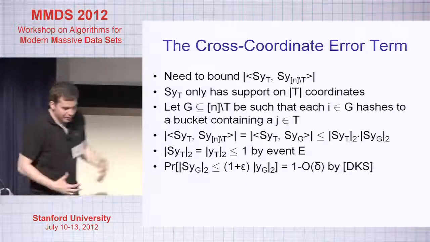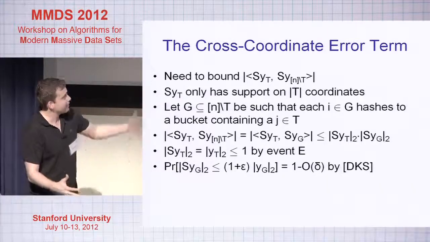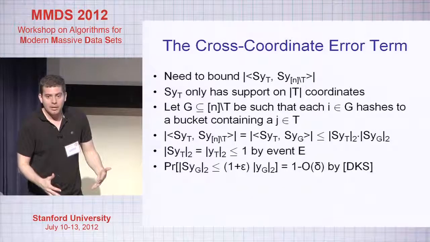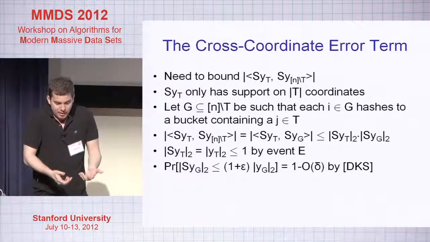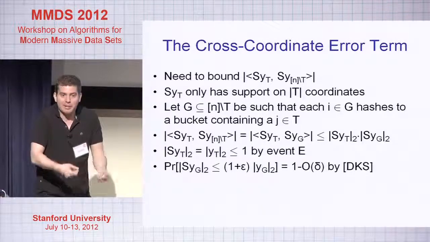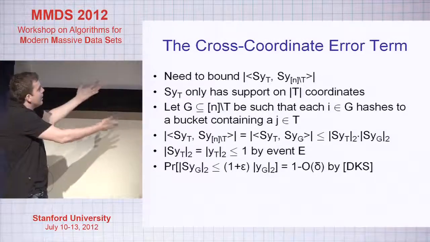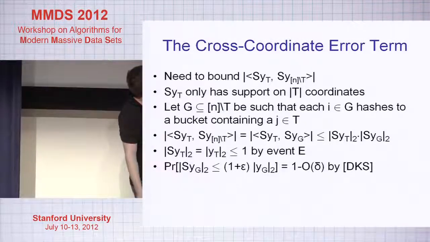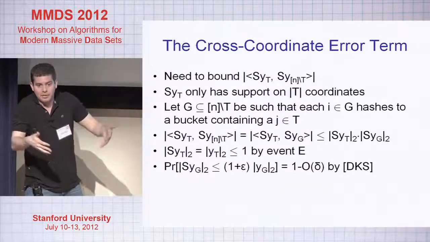Well, we look at the coordinates that hash to the same buckets as the heavy coordinates. And the mapping there itself is a random mapping into buckets where in each bucket you maintain the inner product with the sign vector. So we can apply DKS again on the restriction of y to coordinates that collide with the heavy coordinates.